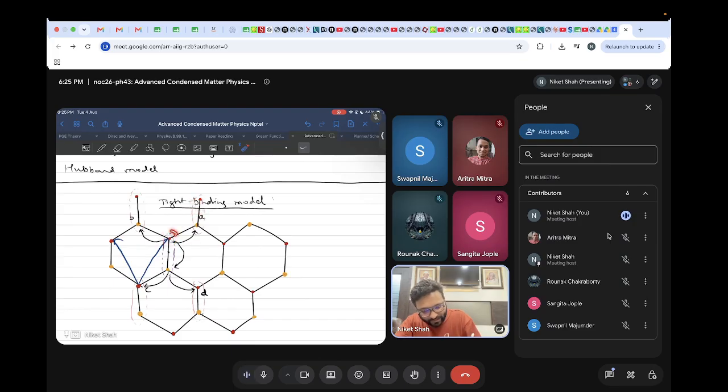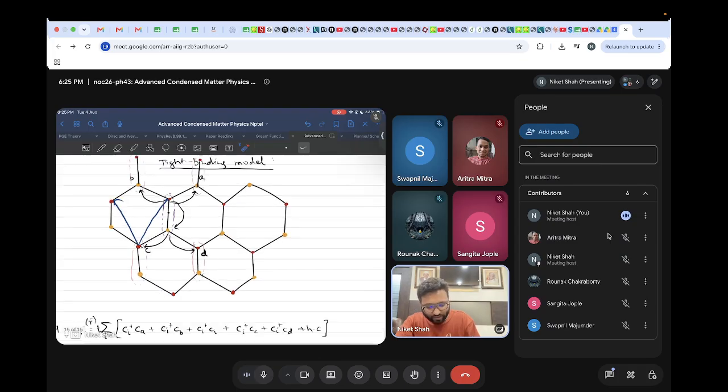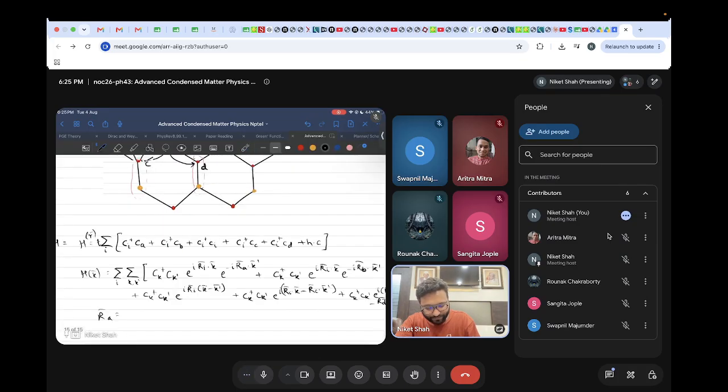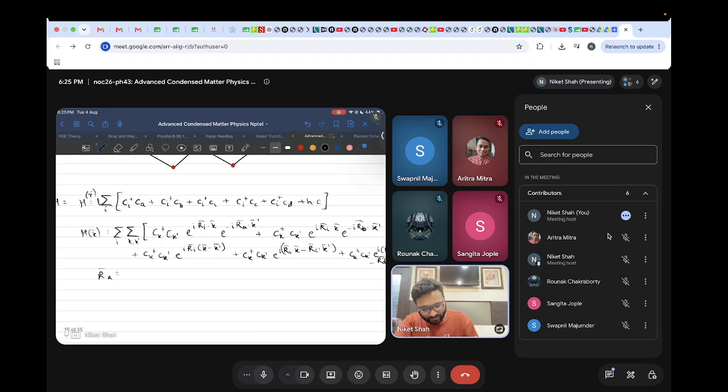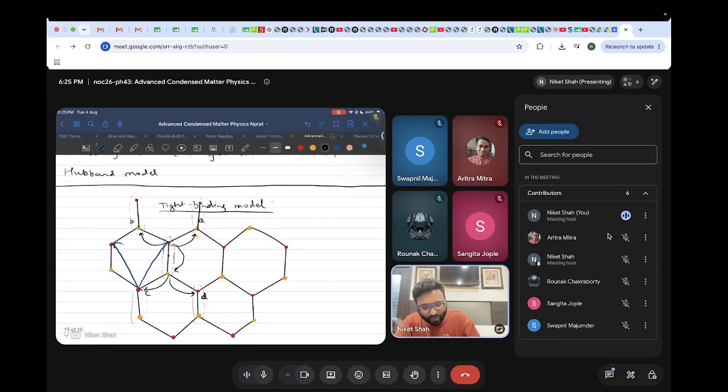Similarly, I can write the Rb as Ri plus the second lattice vector. Let me show it to you how it's done. Ri plus the lattice vector. And what is this lattice vector? So we'll have to calculate this.